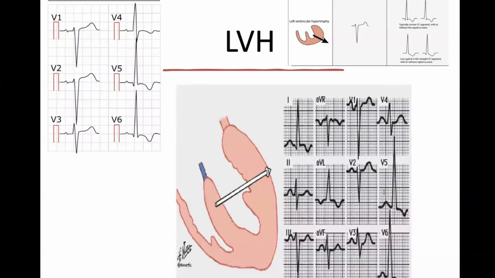Because this is considered abnormal. Are there deep S waves in the right-sided leads, so V4R and V1? Is the RS ratio in favor of the left ventricle, and is the RS ratio decreased in leads V1 and V2? These criteria all point towards left ventricular hypertrophy.